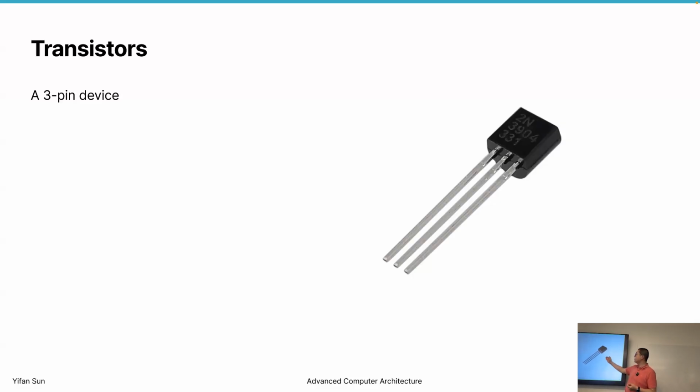These are not even the beginning. These are like the 80s or 90s, when people built radios and just used this type of device. Whenever we have a transistor, we typically say it's a 3-pin device. So 3 pins, 1, 2, 3, right? They have either output or input. They are connected to the outside world only through the 3 pins, right?